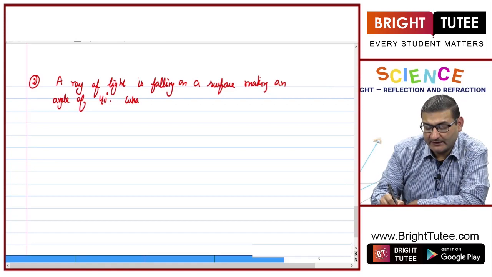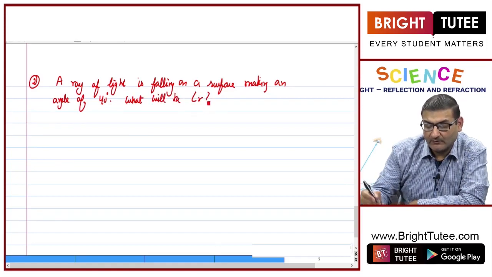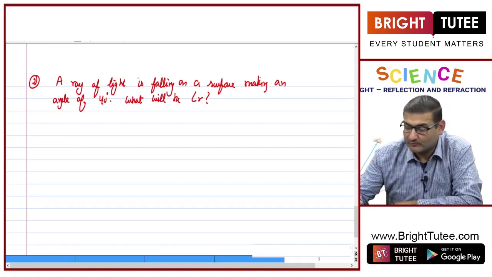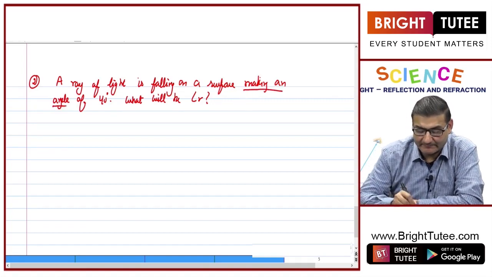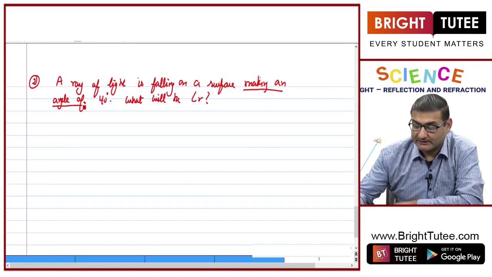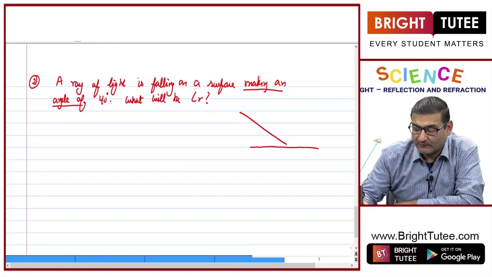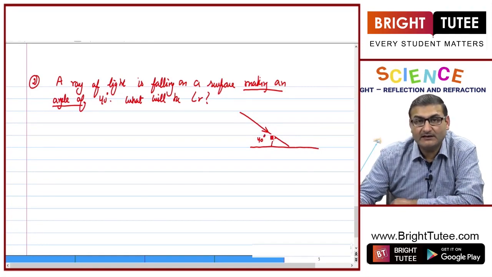What will be the angle of reflection? Now looking at it, it seems very easy, but it is not. The main crux in this question is this particular line. Try to understand, children. A ray of light is falling incident on a surface, making an angle of 40 degrees with the surface. Now your answer must have changed.